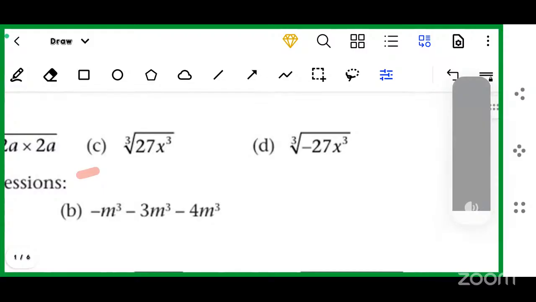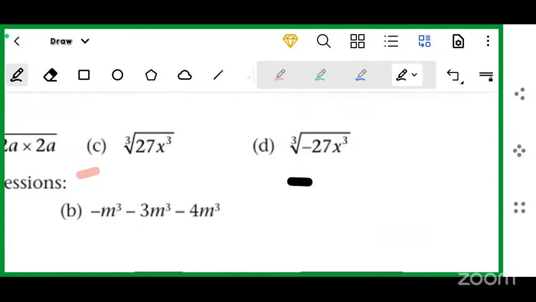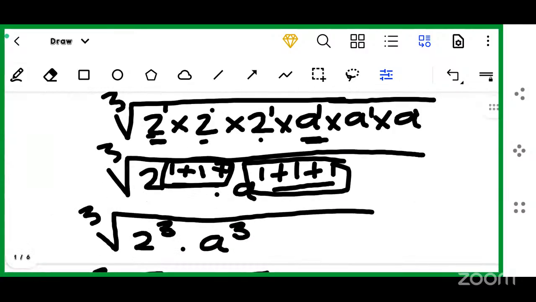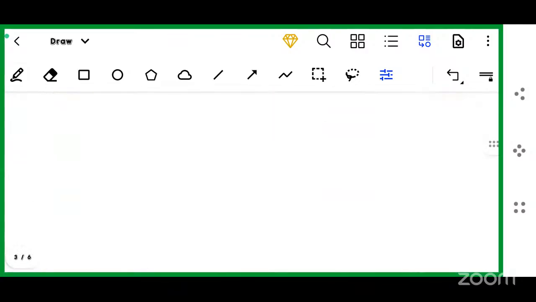Ma'am, I got negative 3x. Okay, negative 3x. Let me go down there and you let me know how you worked it out.